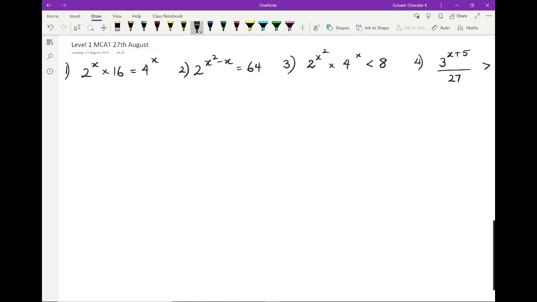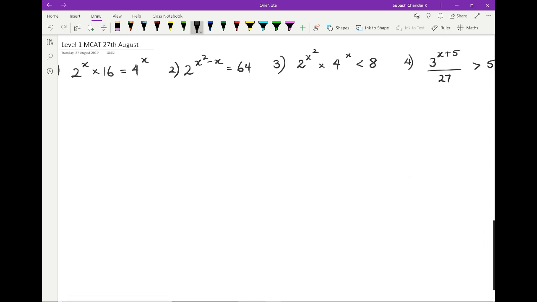Alright guys, so this is the first time I'm actually doing this tutorial. So basically what I generally tend to do is show that these are the types of questions that I'm going to be working on in today's tutorial. The reason I picked these questions is because these are the types of questions that keep repeating themselves in the MCAT.